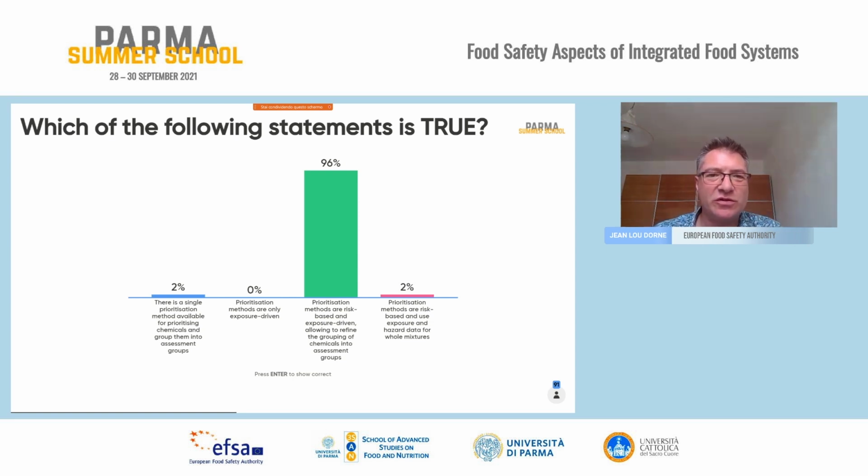The first answer, there is a single prioritization method available. Of course, the way the guidance document was structured was describing several of them. Prioritization methods are only exposure driven. Most of the audience looked at the fact that we are looking at prioritizing on an exposure driven or risk-based basis.